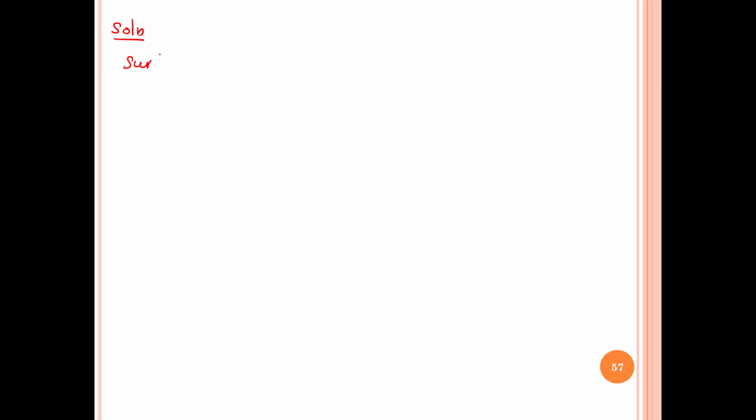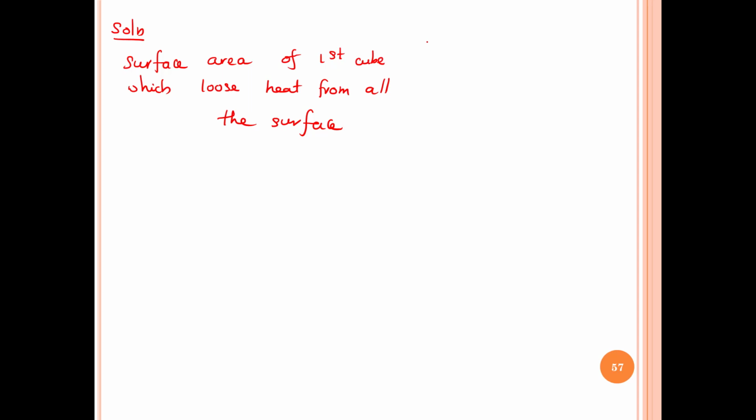First, we have to find out the surface area of the first cube, which loses heat from all the surfaces. So it is a cube, and the surface area is 6a squared.